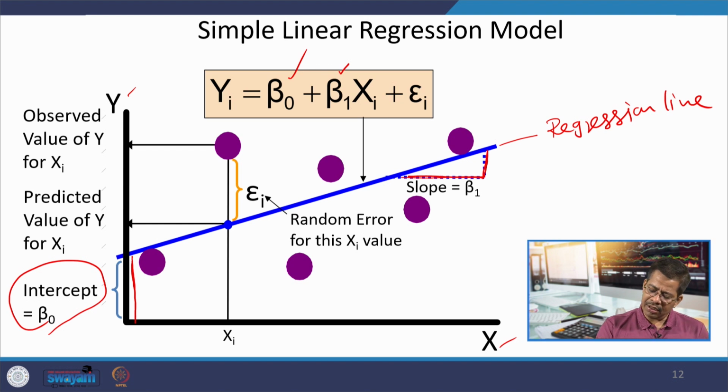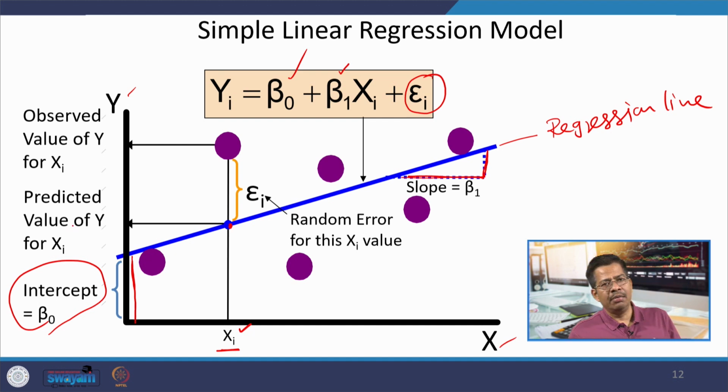The meaning of this random error is that for any value of x, x i, you are estimating y here, this is the predicted value of y, but the observed value of y may be different, like here we have shown, but it can be here also.